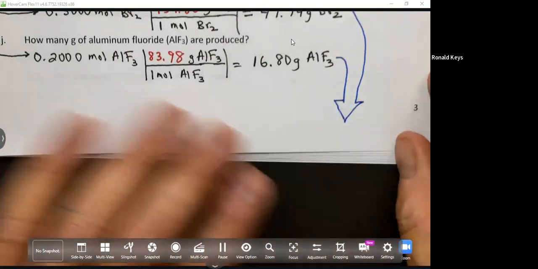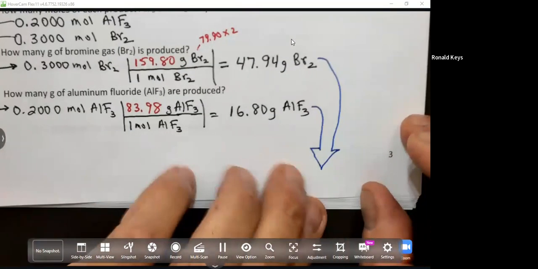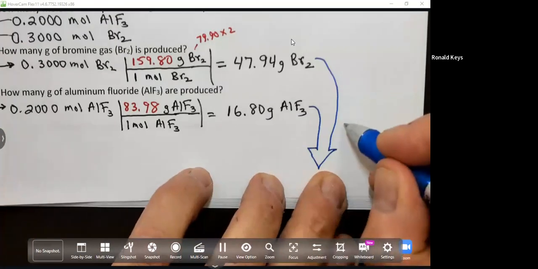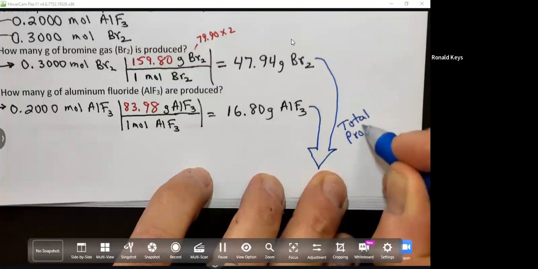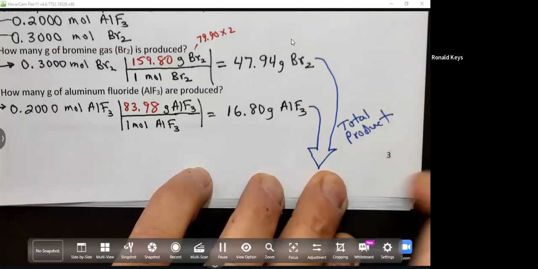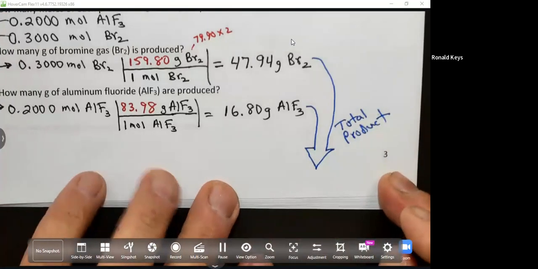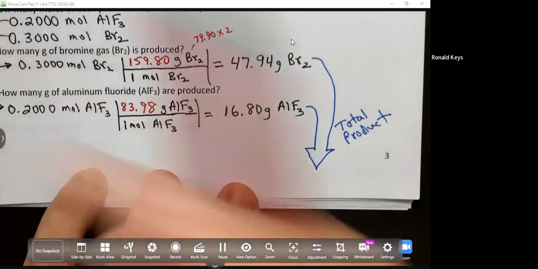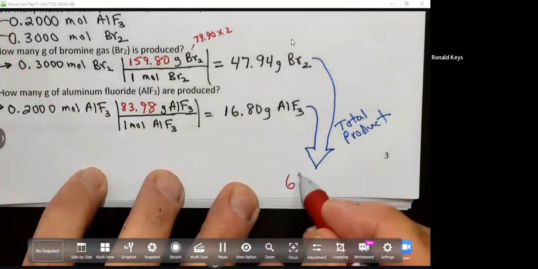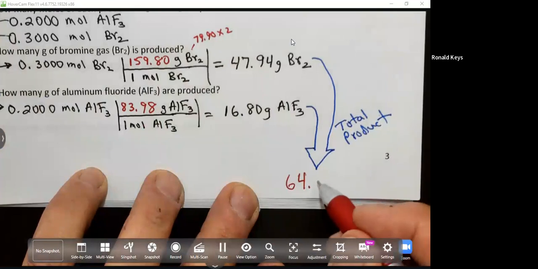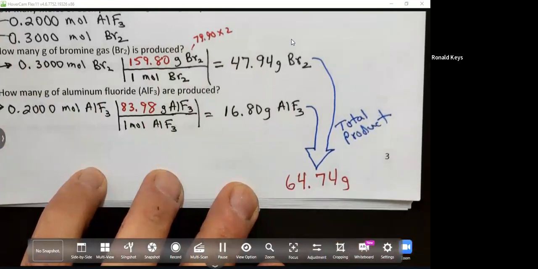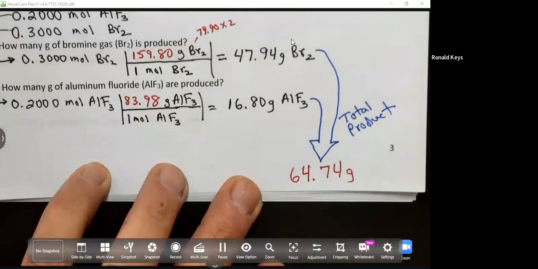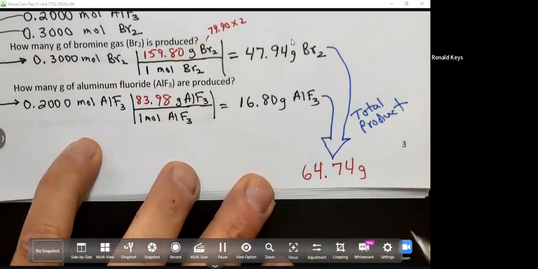That's sweet. Bob Ross got nothing on me. Now, this is my total product. If I add those together, I get 64.74 grams. That's my total grams of product I produce.